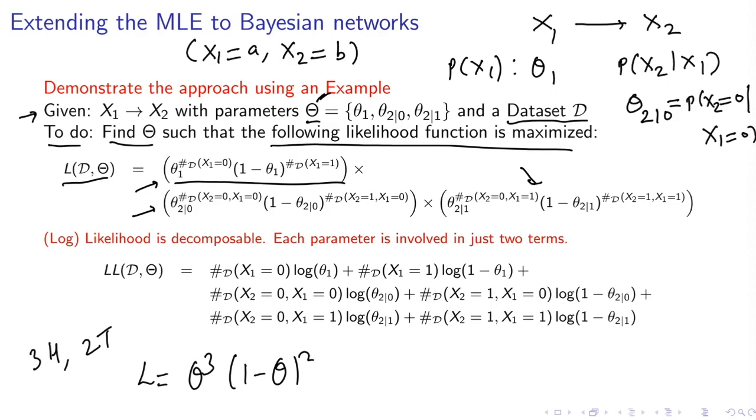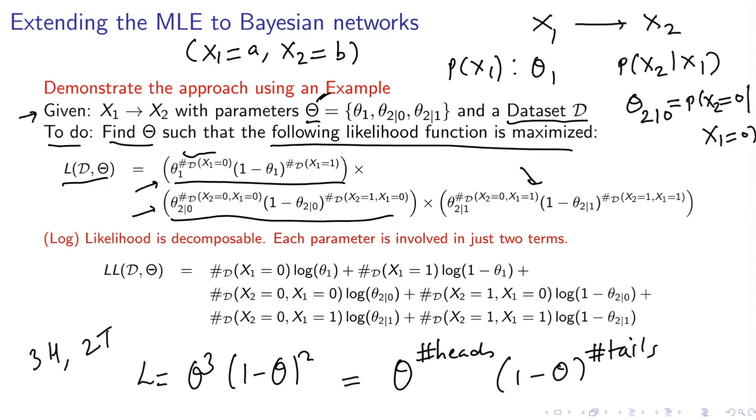So the general form is nothing but theta to the power of number of heads into 1 minus theta to the power of number of tails. Okay? So this is the same thing. What we have here is theta 1 to the power of number of data points that have x1 equals 0 into 1 minus theta 1 to the power of number of data points that have x1 equals 1.